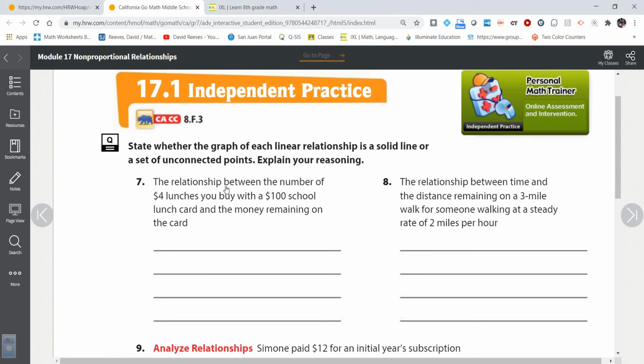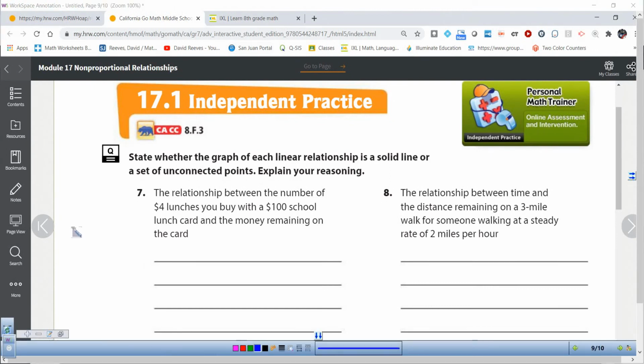So if you take a look at here, we have the relationship between the number of $4 lunches you buy with a $100 school lunch card. Well, if you think about it, it's going to be y equals 100 minus 4x, where x is going to be the number of lunches, and y is going to be the amount left on the card.